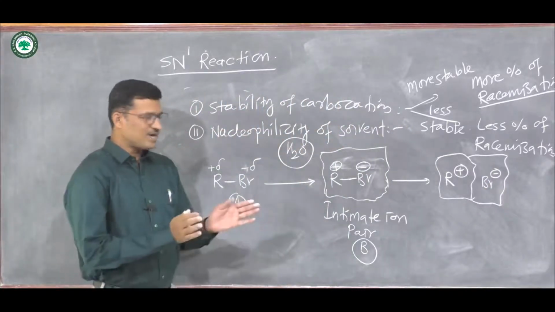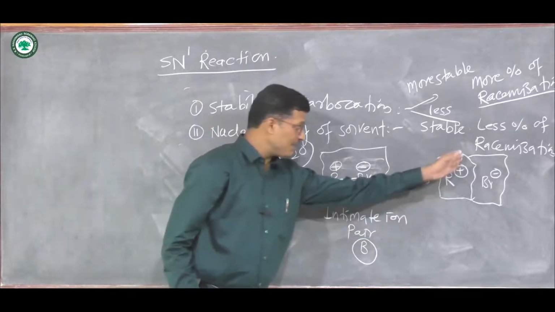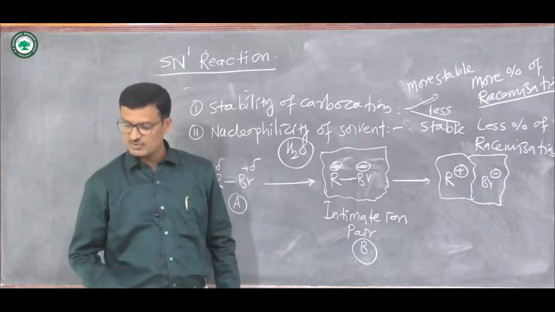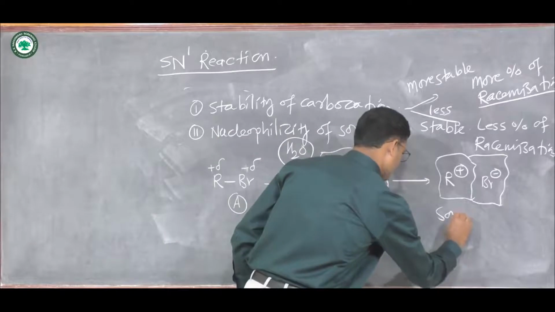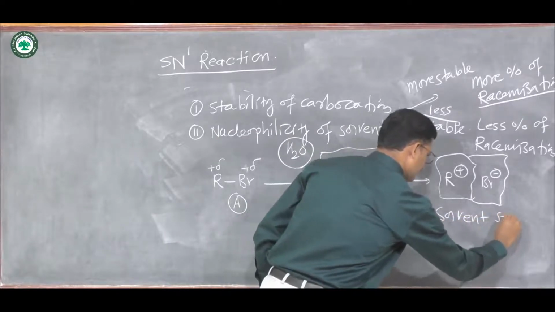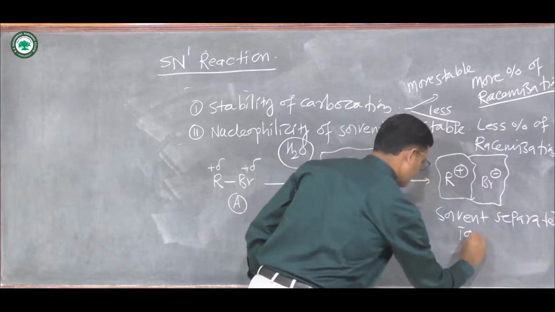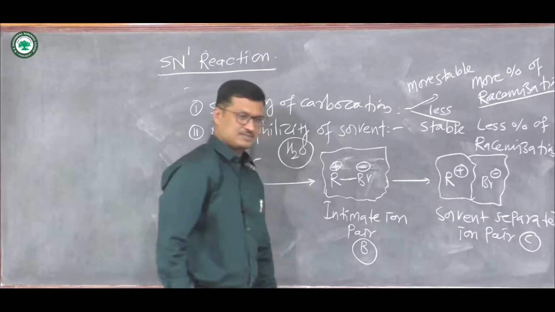The carbocation and leaving group are not fully separated, but in between the two a water molecule is inserted, and this is called a solvent separated ion pair. This situation we call C.